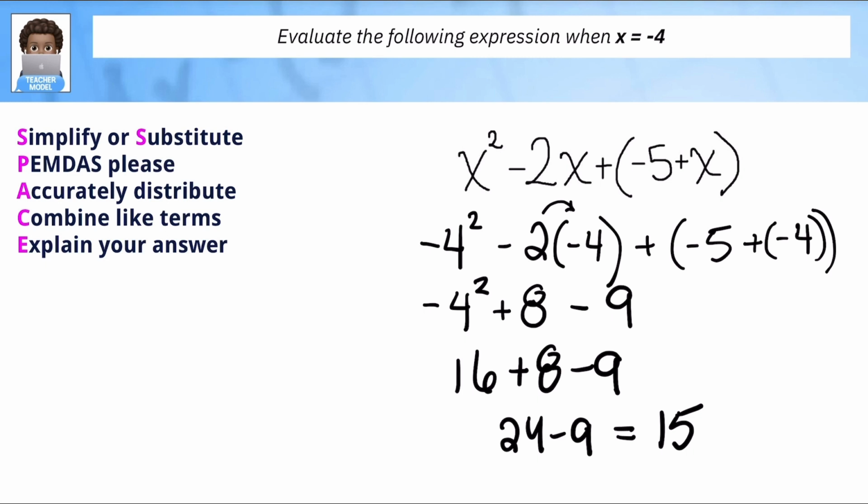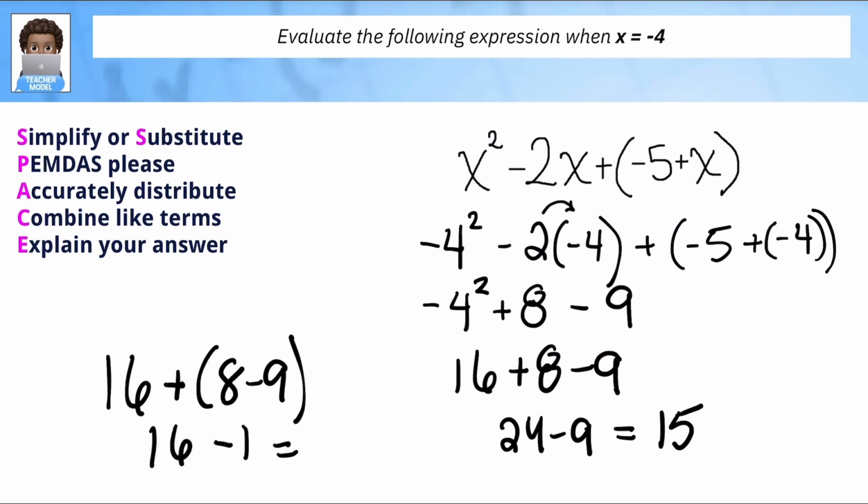Let's say I wanted to do 16 plus 8 minus 9. Would that change my answer? Let's think about this for a second. 8 minus 9 would give us negative 1, and 16 minus negative 1 would give us positive 15.